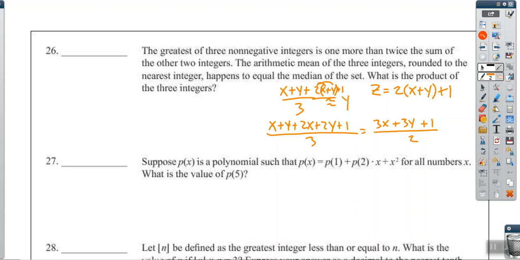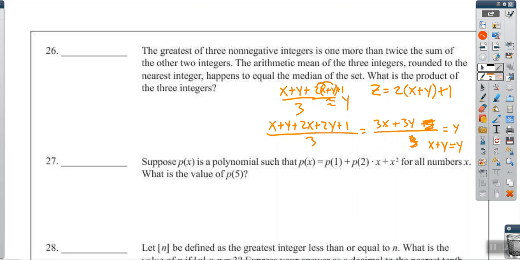But that's okay, because we're rounding it to the nearest integer, so this extra piece here, we can just not worry about it, right? Because it says rounded. So right now I can divide both of these by 3, and I get x plus y is equal to y.